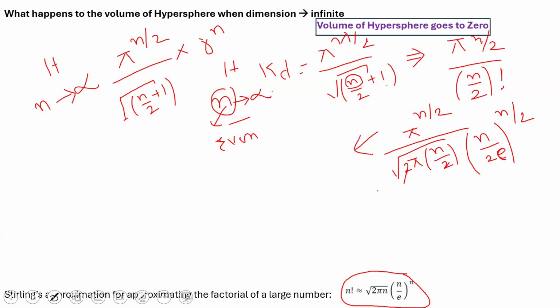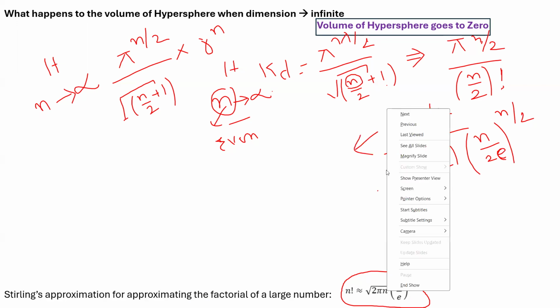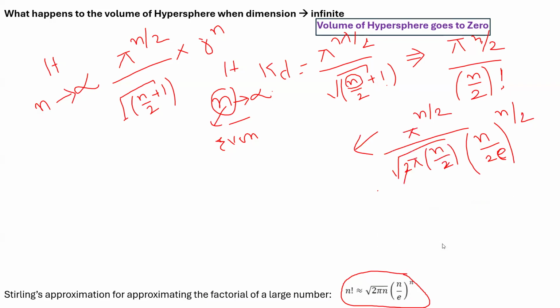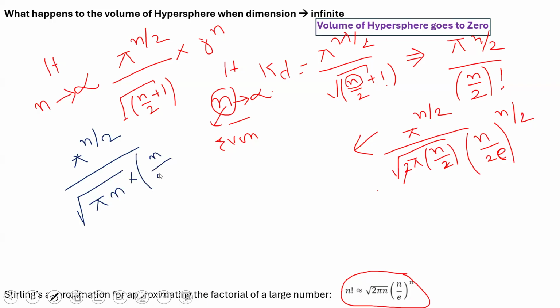So now I'm trying to find out what happens if n becomes infinity for this particular value. So this is pi to the power of n by 2 by root of pi n, into n by 2e whole to the power of n by 2.